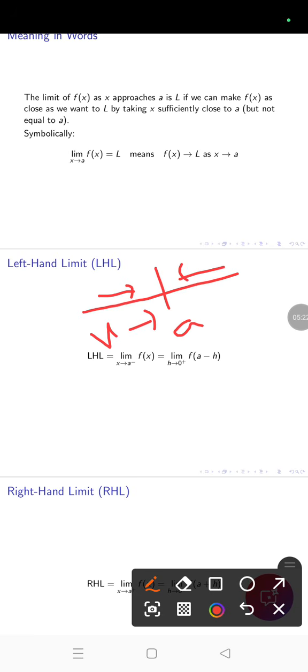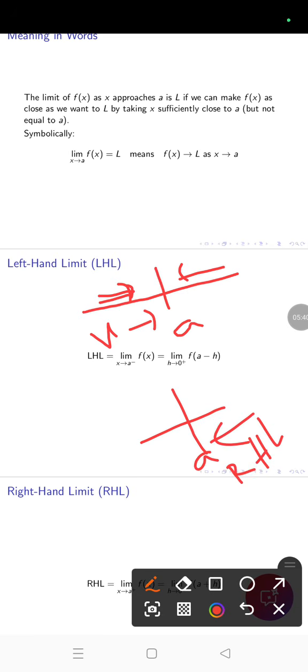When we approach a from the left hand side, it is called the left hand limit. And when we approach a from the right hand side, we call it RHL, the right hand limit.